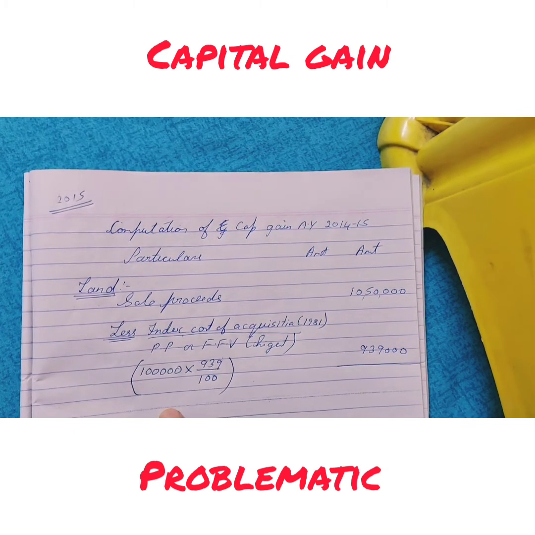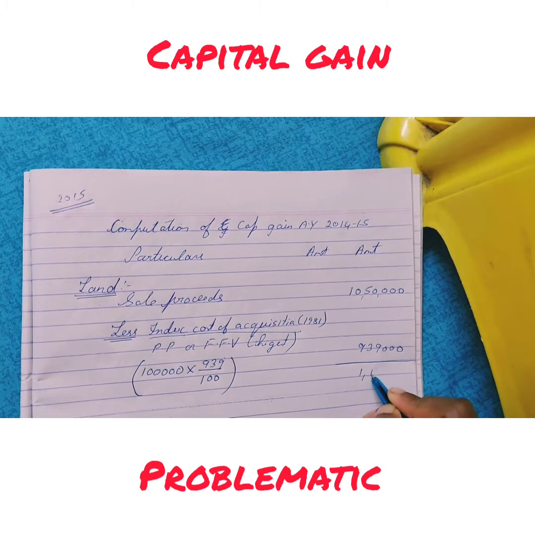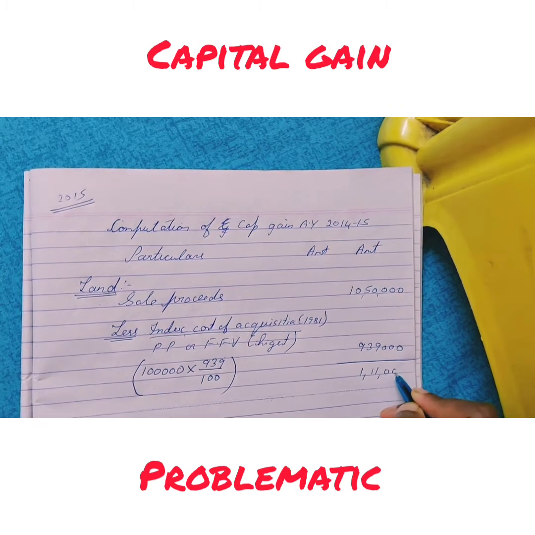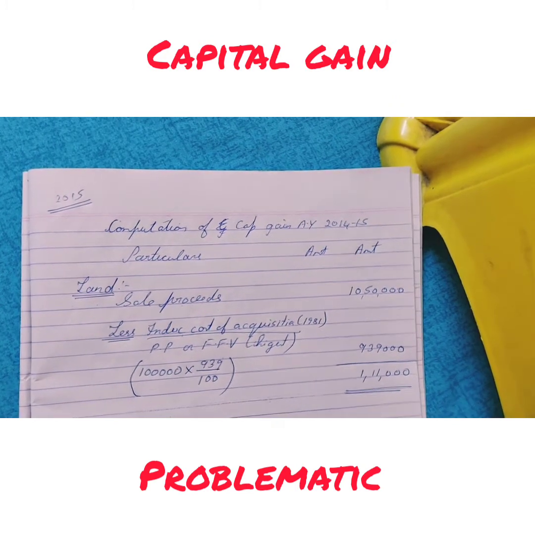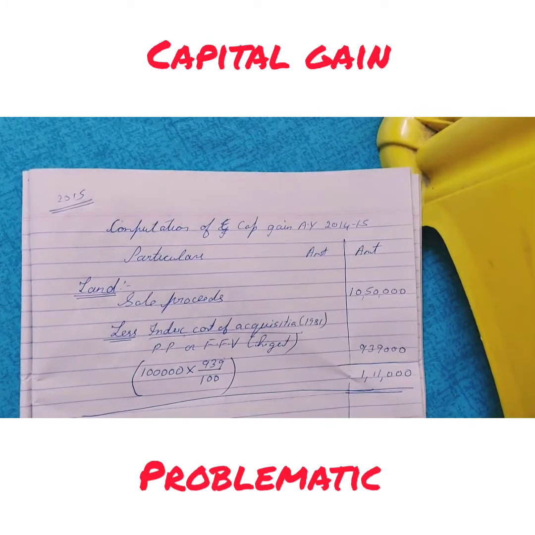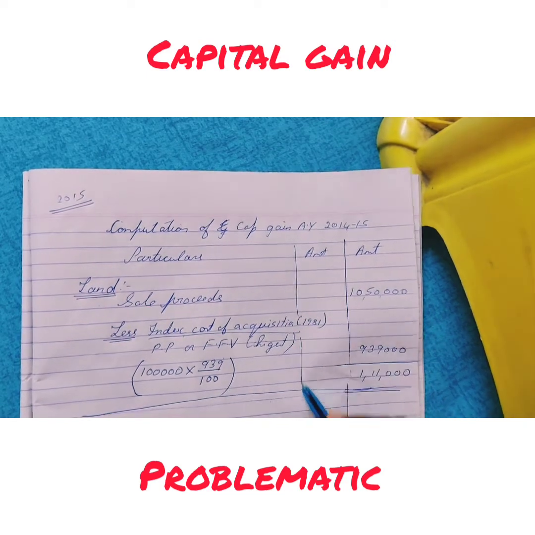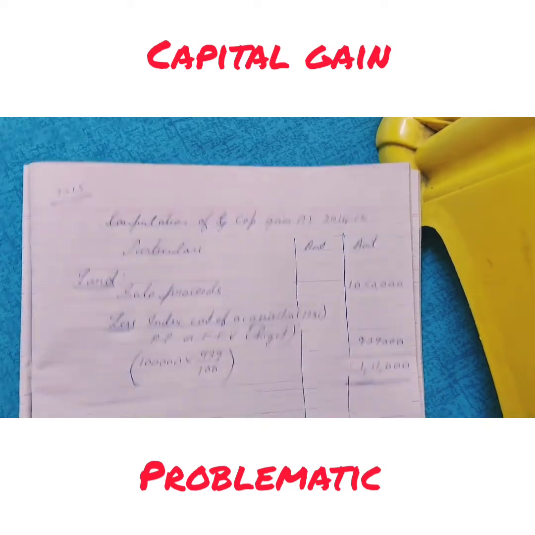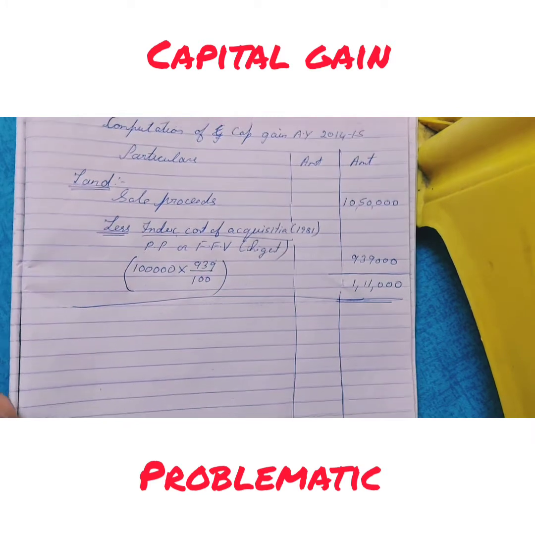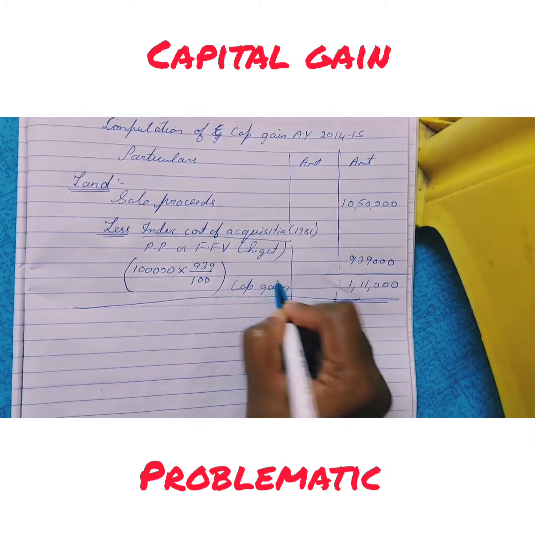When cost of improvement is given, we have to solve the improvement too. So after deducting, my answer comes to 1,11,000. This is regarding my land. We are done with the land. So this is the capital gain of land.